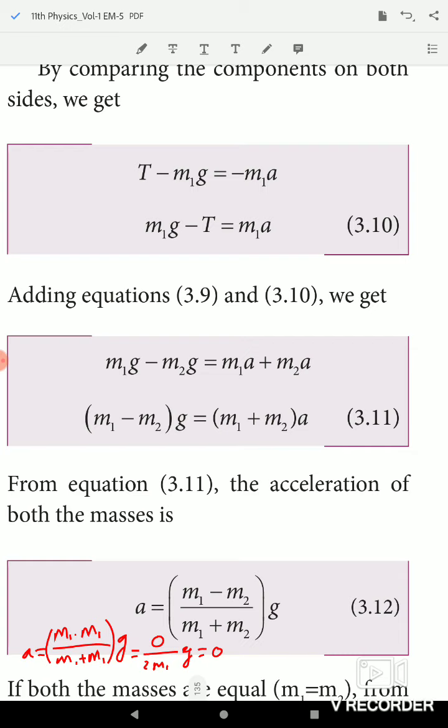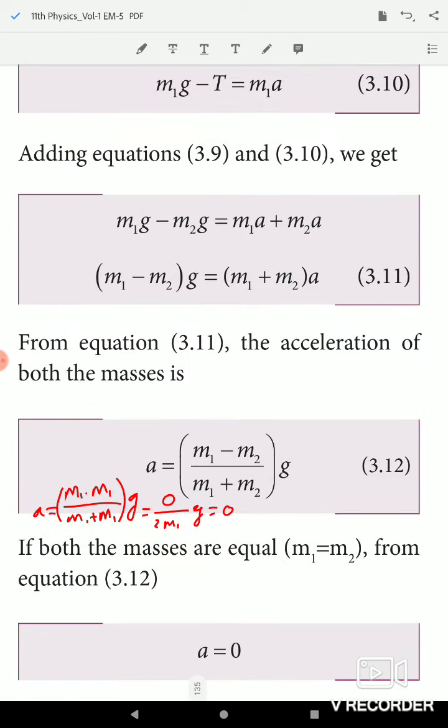So M1 minus M2 into g equals M1 plus M2 into a. Therefore a equals M1 minus M2 divided by M1 plus M2, into g.